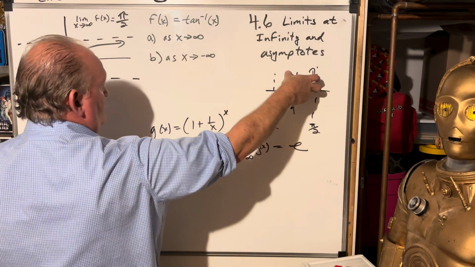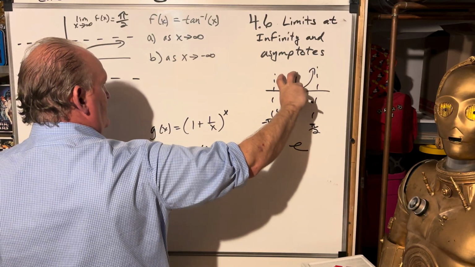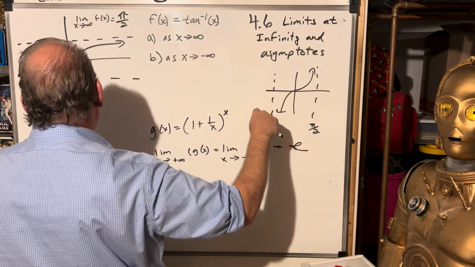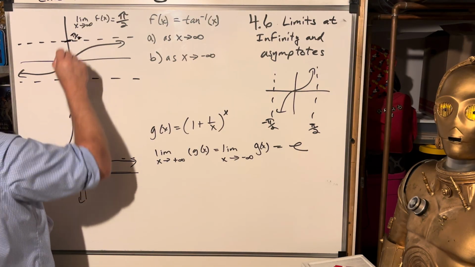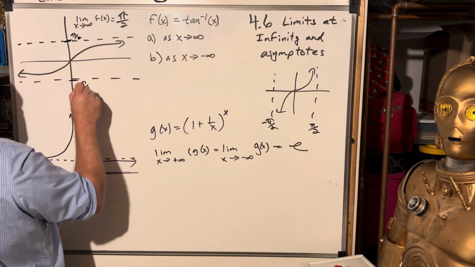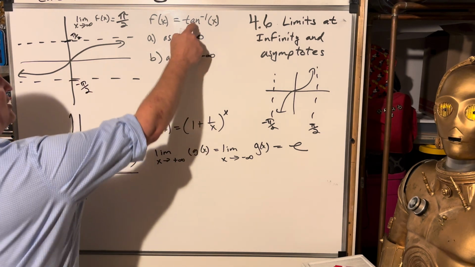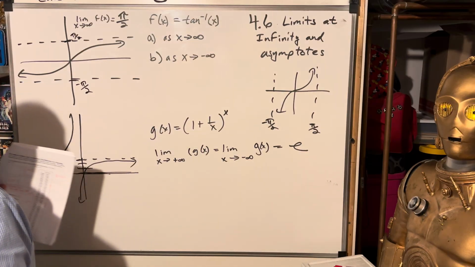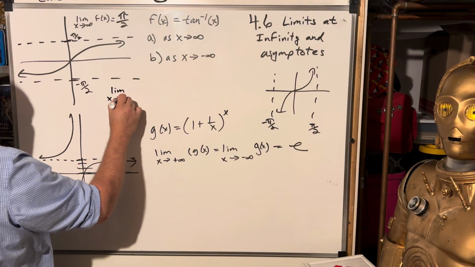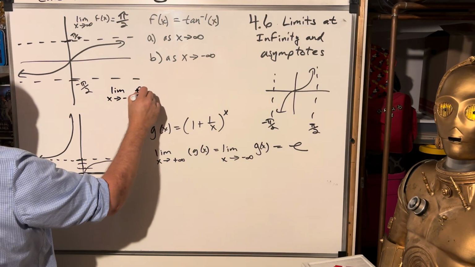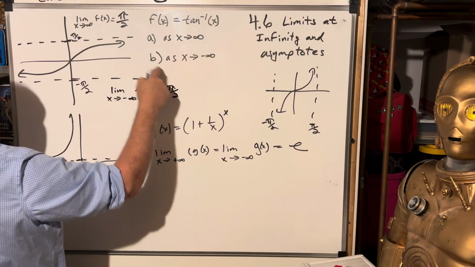Or I guess if we just twisted it this way, if we rotated it that way, we'd have 90 on top, negative 90 on the bottom. This is pi over 2. This is negative pi over 2. And there's our curve. That is the arctangent. And so the limit as x approaches negative infinity of f of x is equal to negative pi over 2. So that's A and B.